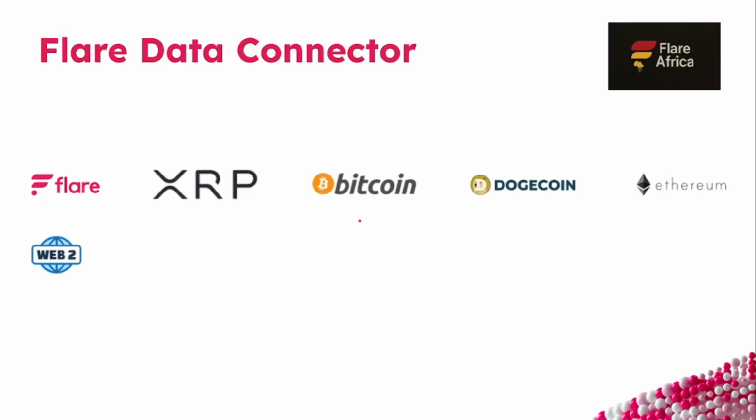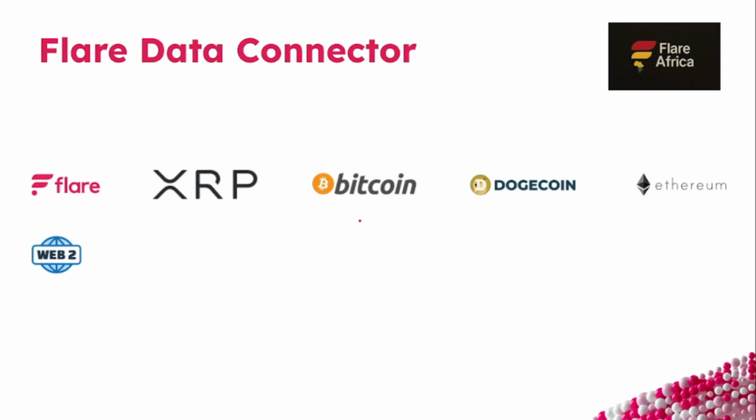So this is just another depiction of the sources of this data. Currently, Flare Data Connector is active on the Flare network. That means you can get data from Songbird or from the Flare networks themselves. That is Flare mainnet, Flare testnet Coston 2, then Flare testnet Coston, and then the Flare Songbird network.